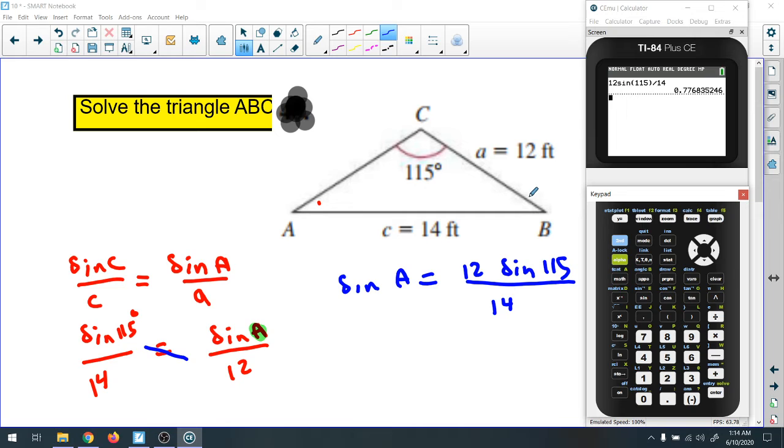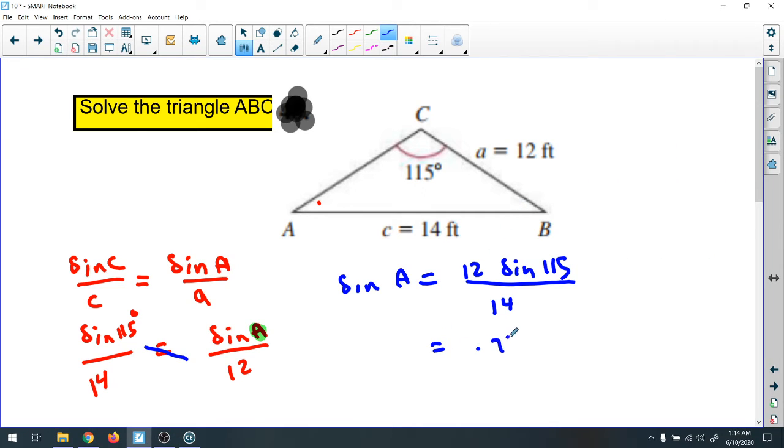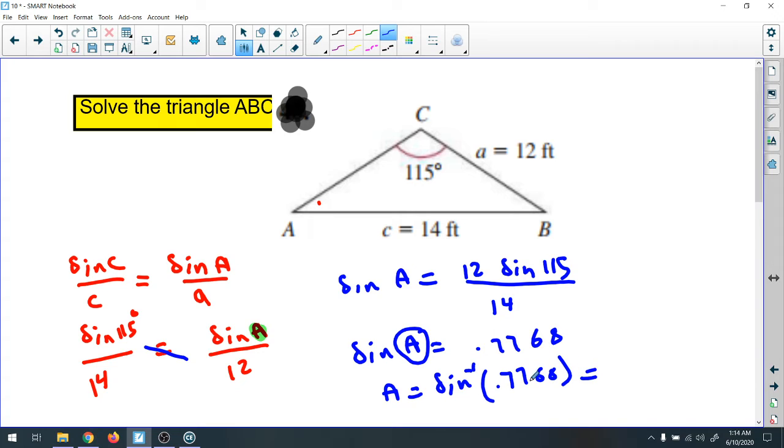Let's write that: 0.7768. This is sine A. We're looking for A, so to get it we take the arc sine. A equals arc sine of 0.7768. Let's calculate that to give us the measurement of this angle.